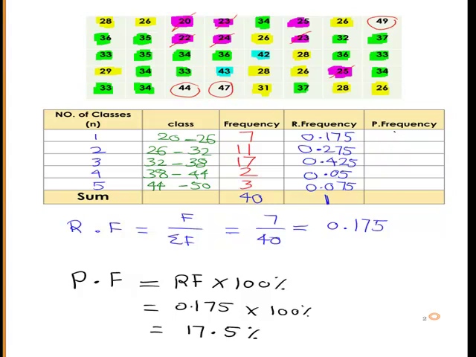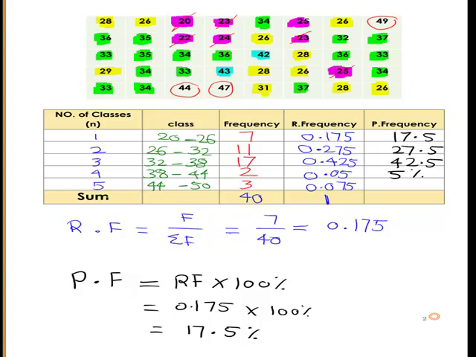So let's do it again for all the classes. So this will be equal to 17.5, and for the second class just multiply 0.275 by 100, you will end with 27.5%. And for the third class, it will be equal to 42.5%. For the fourth class, this will be equal to 5% only.